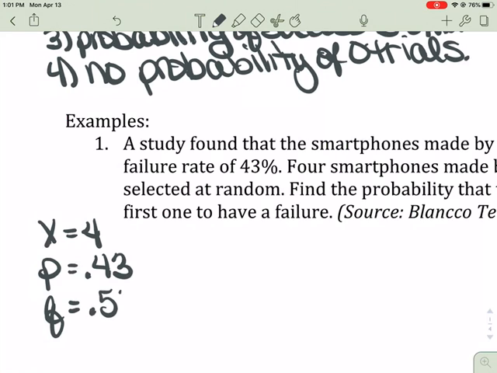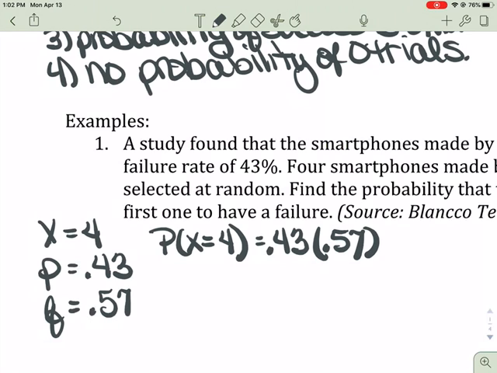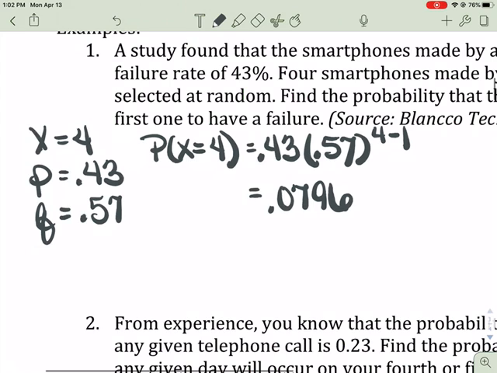Our failure is 0.57. So if I'm going to use the formula, it's going to be 0.43 times 0.57 to the 4 minus 1. And I'm just going to put that in my calculator and I'm going to get 0.0796. If I'm going to use my calculator, I'm going to go to 2nd VARS, distribution.